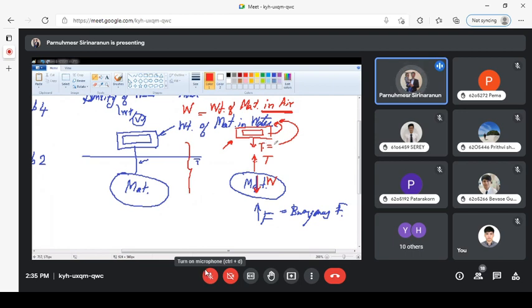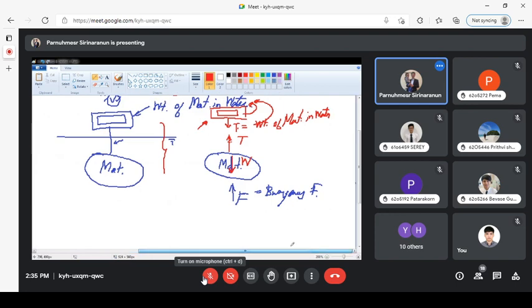So the tension of the cable means the weight of material in water too. Everybody clear on this point or not?